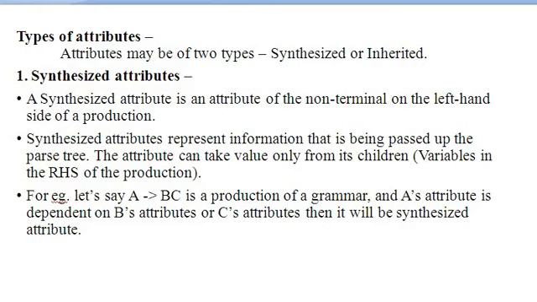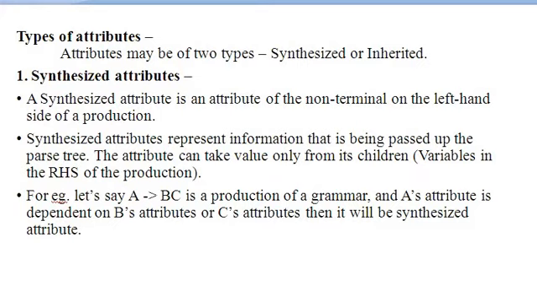Types of attributes. Attributes may be of two types: synthesized attributes and inherited attributes. A synthesized attribute is an attribute of the non-terminal on the left hand side of a production.